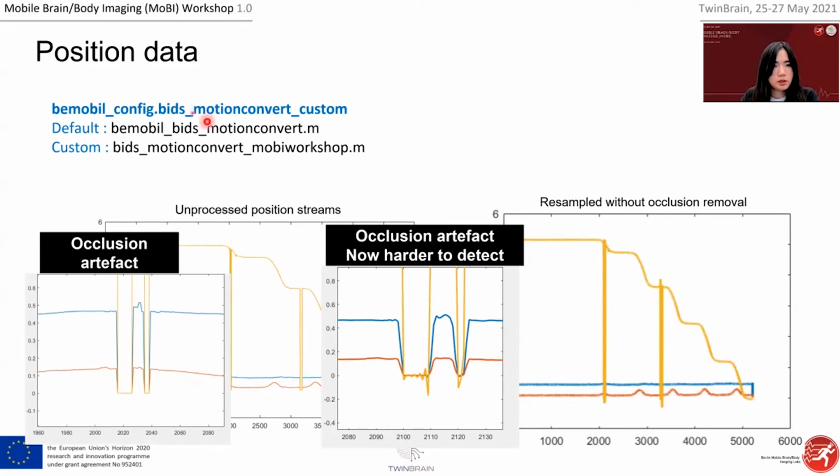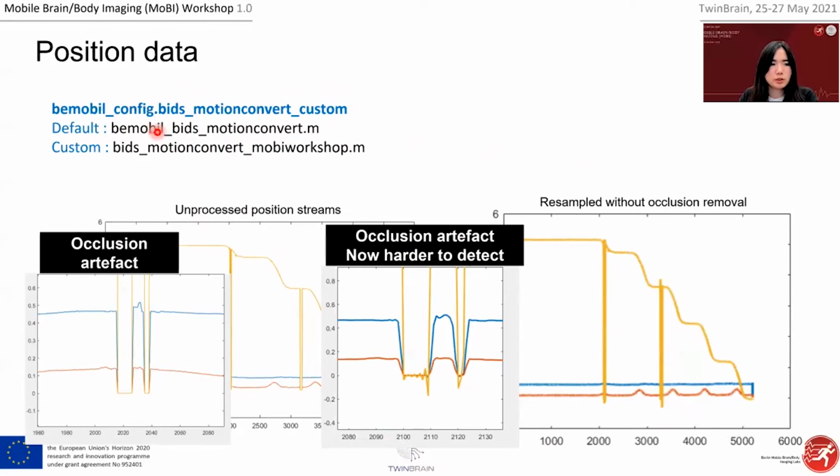In the pipeline that I showed, this happens when we are converting the XDF data to BIDS. In the configuration fields, there was this custom file that converts the motion data. If you don't have anything to change, you can just use the default function, which is where the detection of occlusion artifacts and resampling happens.